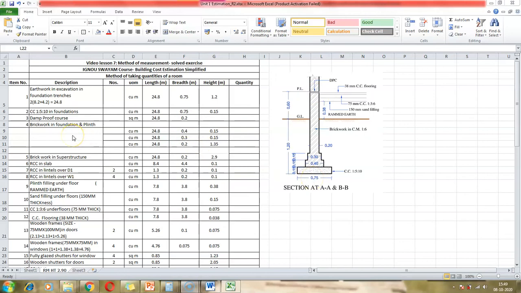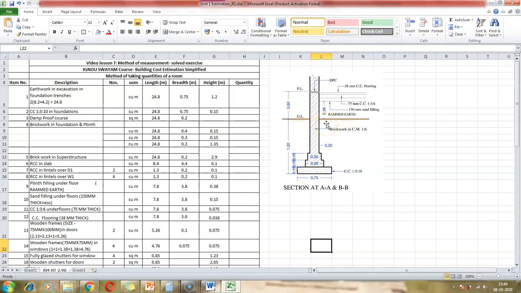Now the next item is brickwork in foundation and plinth. Brickwork in foundation and plinth and the brickwork that continues into the superstructure are taken as different items. Since we are first going to focus on brickwork in foundation and plinth, it's easier for us because we have the foundation drawing here.